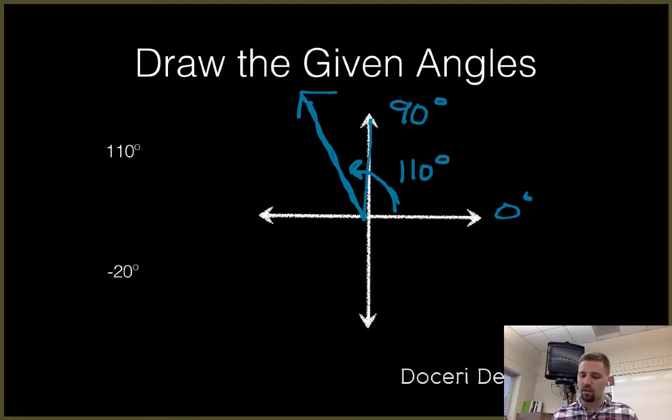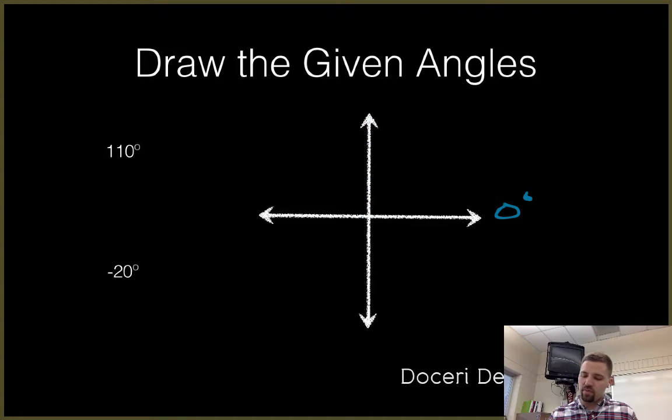Okay. Negative 20 degrees. Let's talk about negative degrees. In fact, I'm going to erase this one, so make sure you jot that down. I'm going to erase this and we'll draw a negative 20. We haven't talked about negative angles yet, but positive angles start from the positive x-axis and go counterclockwise. Negative angles start from the same spot, and they go clockwise.